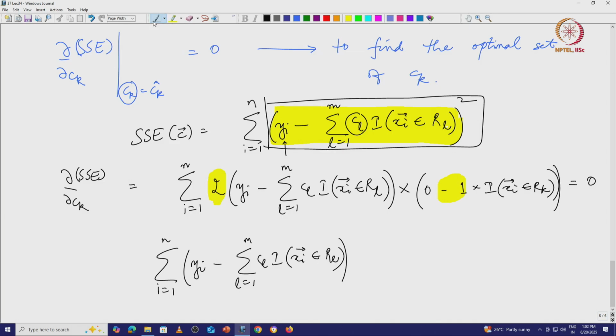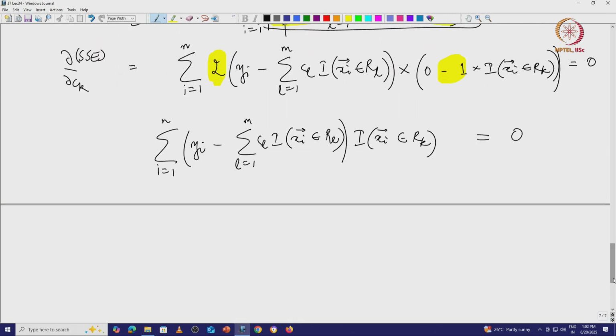So we will get rid of it and you just have the indicator function of xi belonging to the region Rk equals 0.